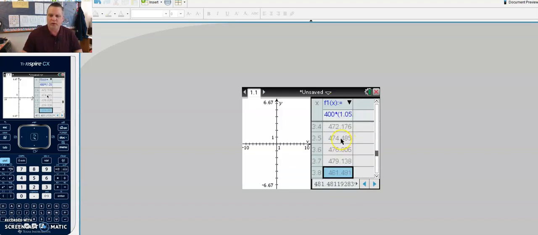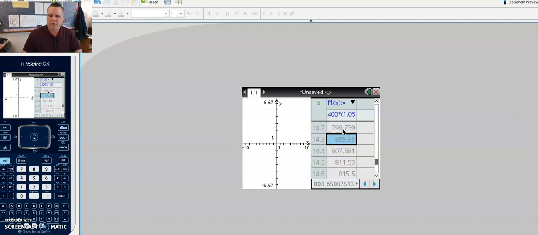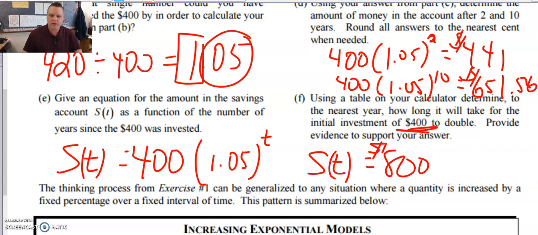There's your 1.1, all the way up. We've got to see where it's doubling, so we want to get to the 800. You can see that it hits 800 right about here, between 14.2 and 14.3. If I round 14.2 and 14.3, that, of course, is going to round to approximately 14 years to double.